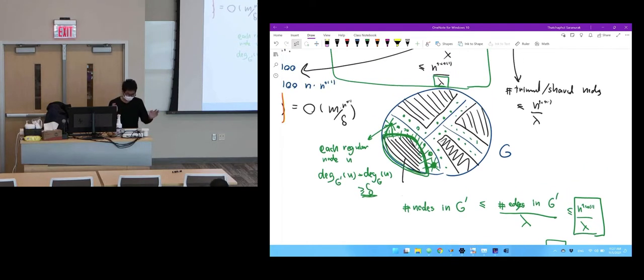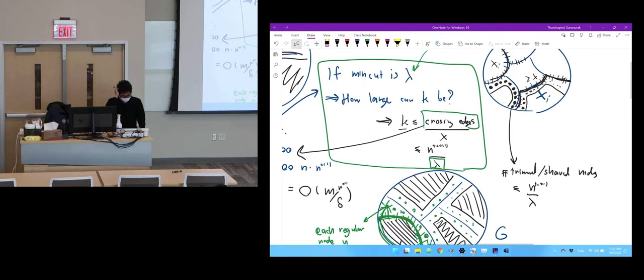I know that this is true, but how to prove this?